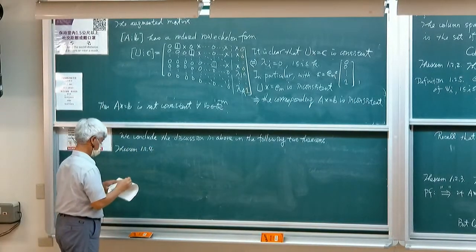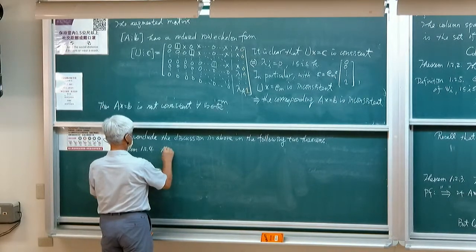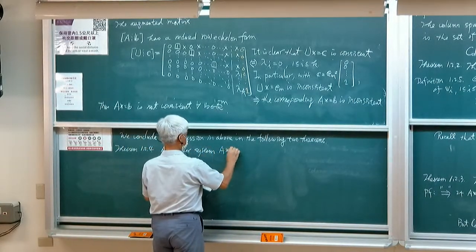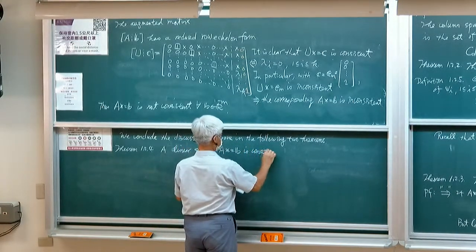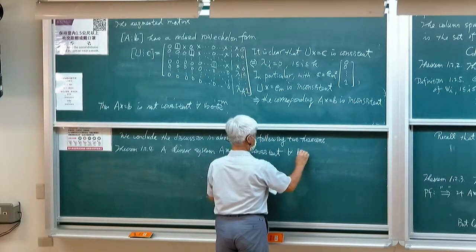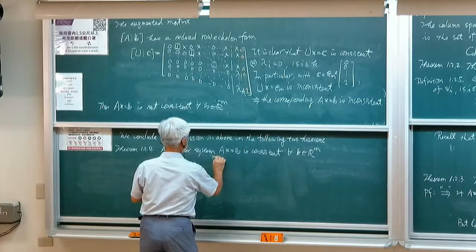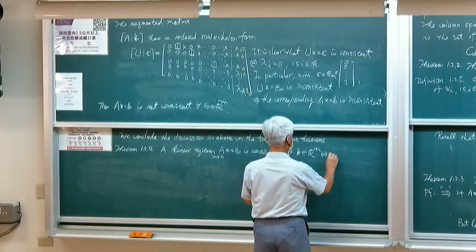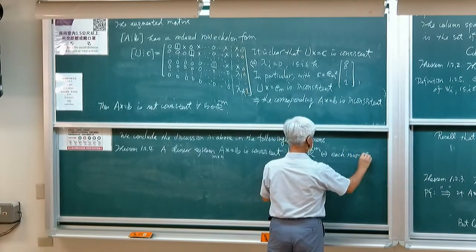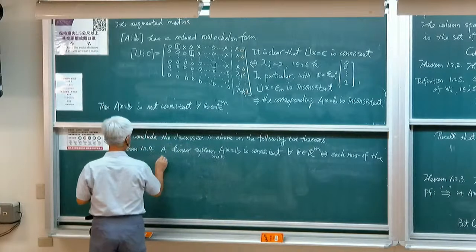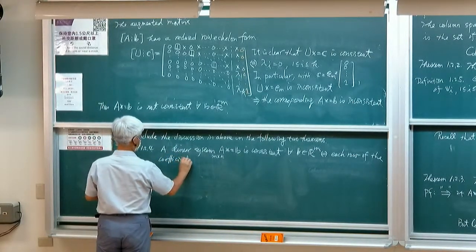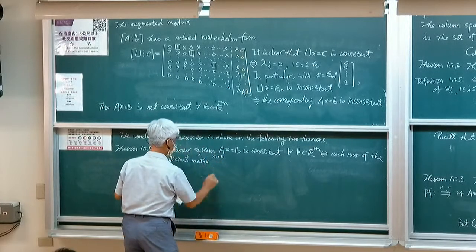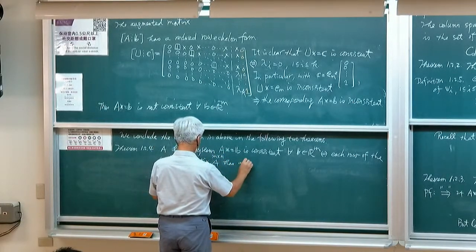Theorem 1.2.4. A linear system Ax equal to B is consistent for all B in Rm if and only if each row of the coefficient matrix A has a pivot position.